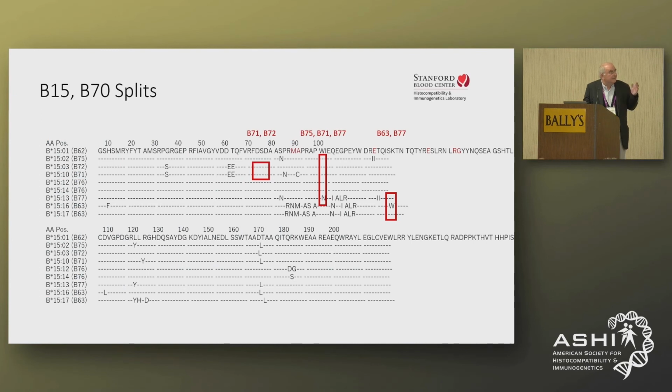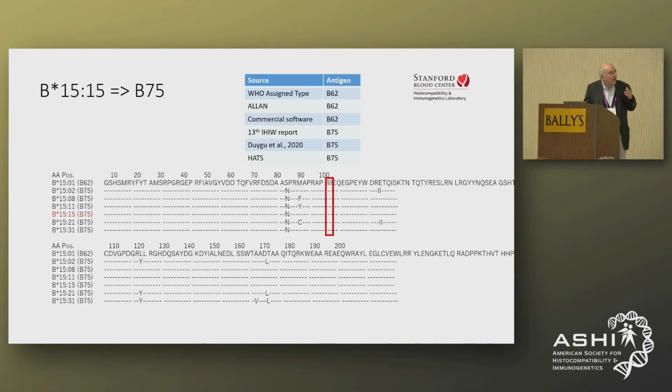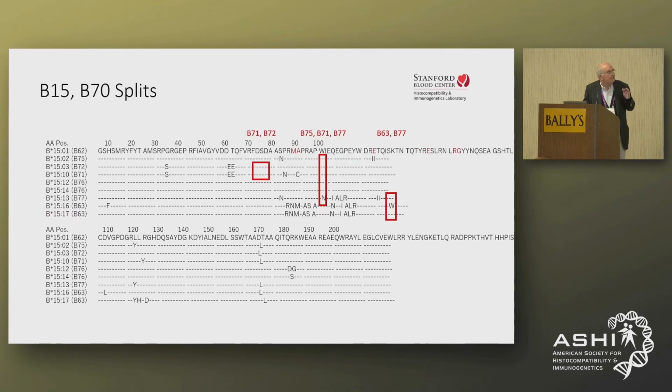Here we have the B15 and the B70 splits, and there are key residues to define B15 and B70 that we have used. They are all in the manuscript. Residue 63 can distinguish some of the subtypes of B75 from B63.